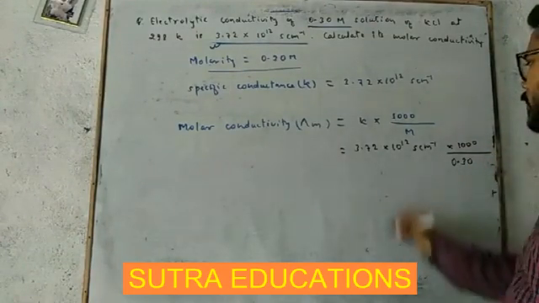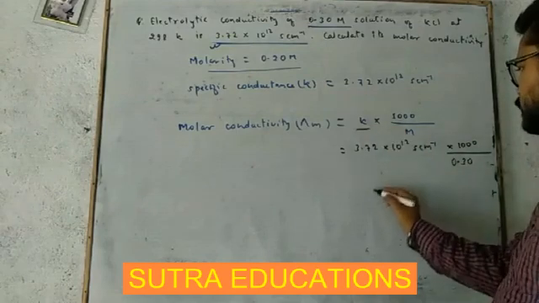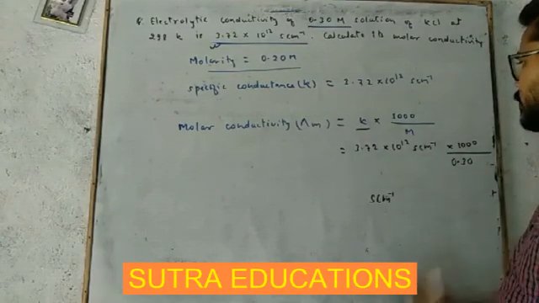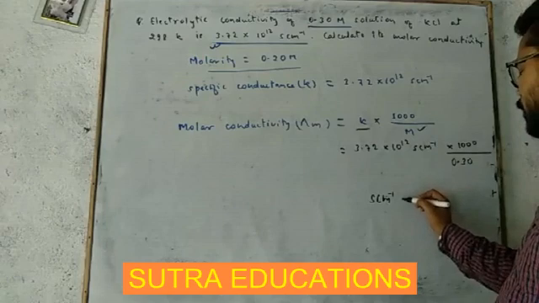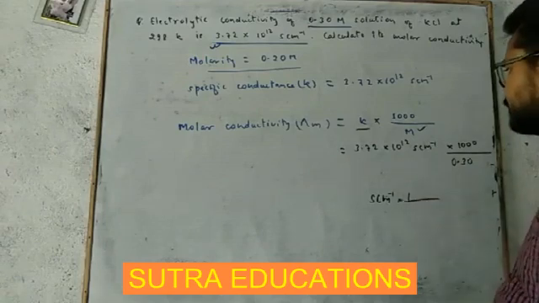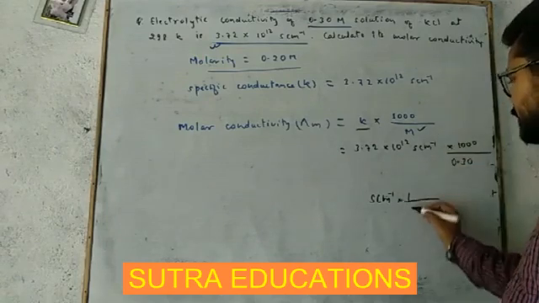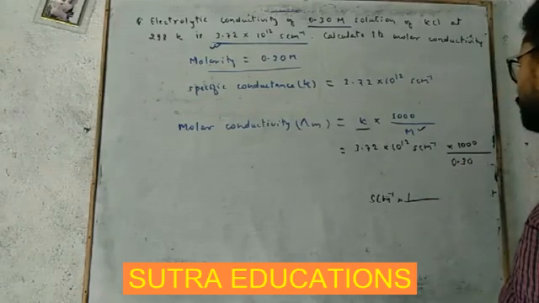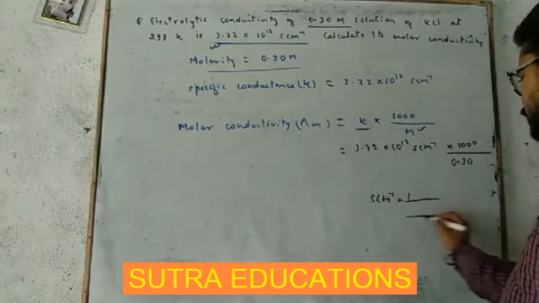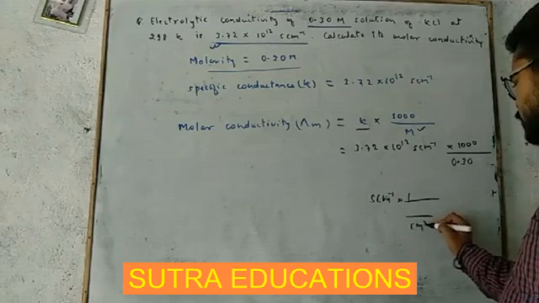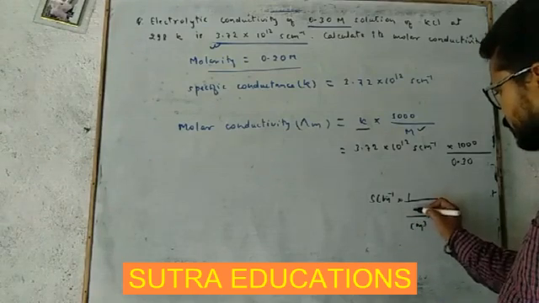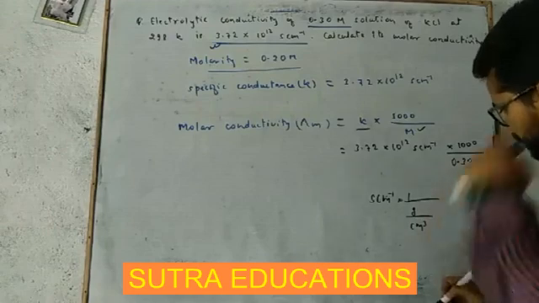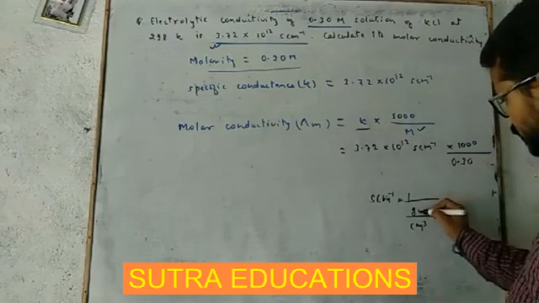Okay. What will be the unit in this case? Unit of kappa is Siemens centimeter inverse, and it will be upon molarity, which is moles upon volume of solution in liter. So it will be cm cube, and here it will be gram mole inverse.